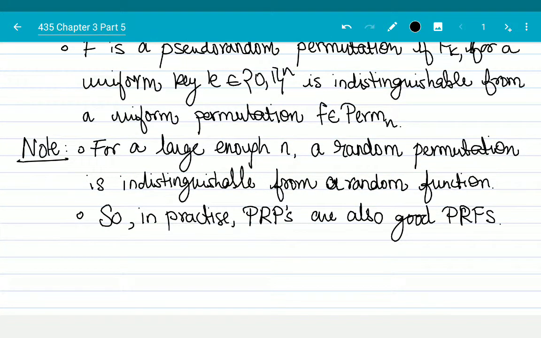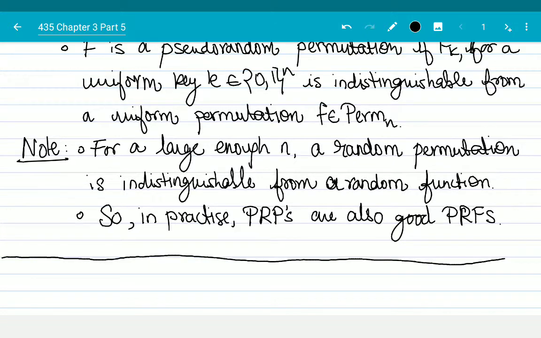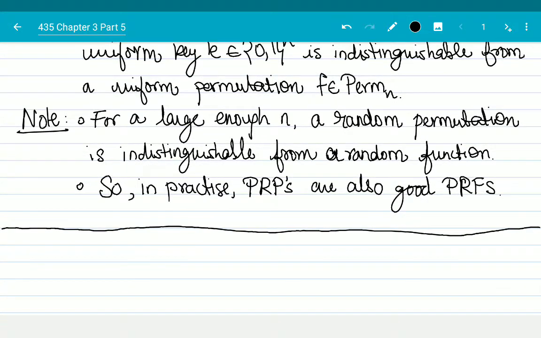Now, I have been talking about pseudo-random functions and pseudo-random permutations, but none of these are directly helping me with my algorithm, because my algorithm used a pseudo-random generator.